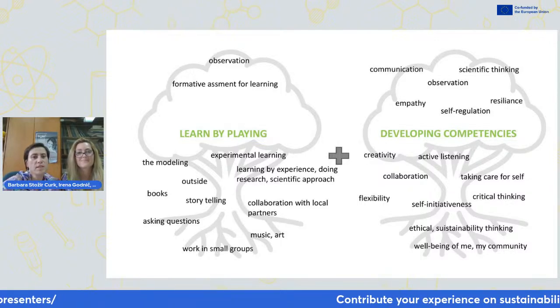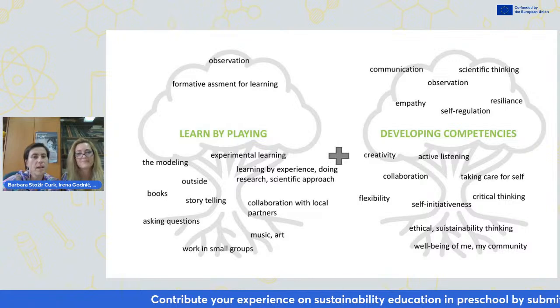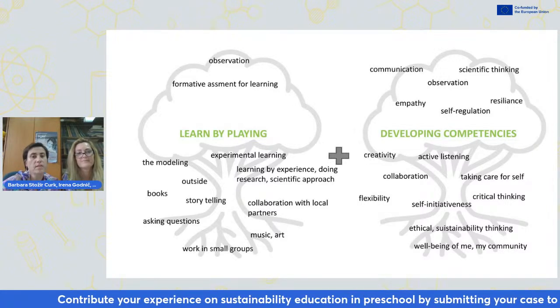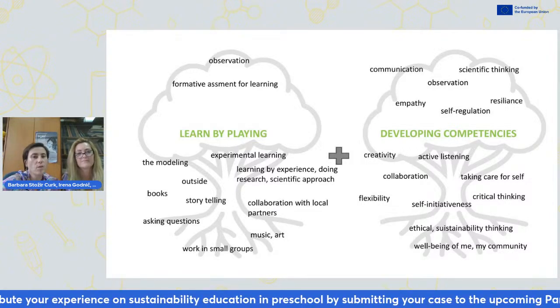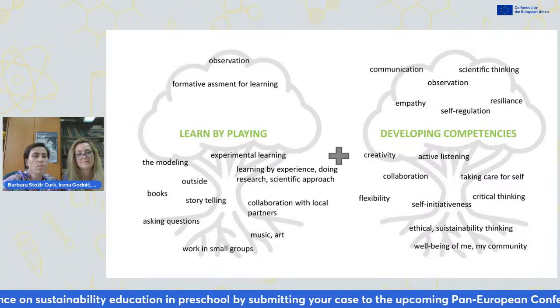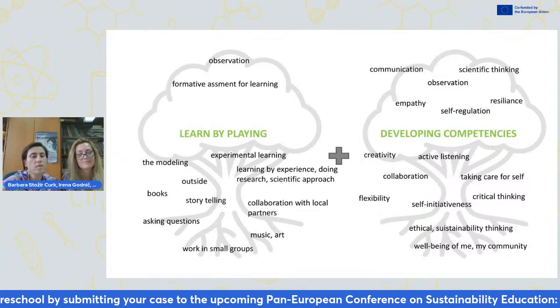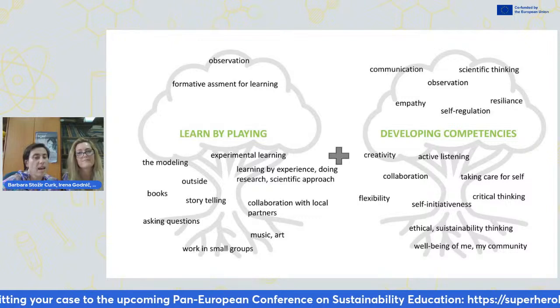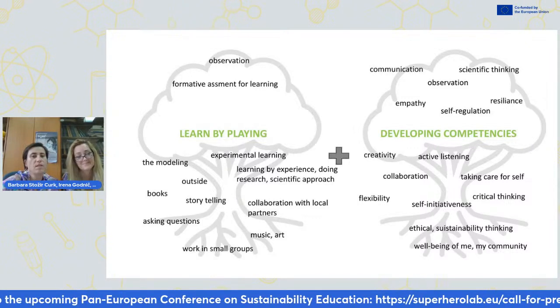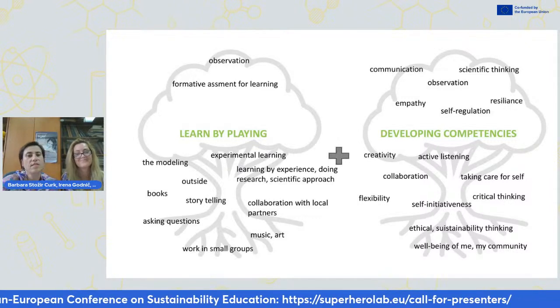We use formative assessment for learning. So there is a lot of experimental learning by experience, collaboration with local partners. We use a lot of music and art. We work in small groups. We like to ask a lot of questions, different ones on different stages.